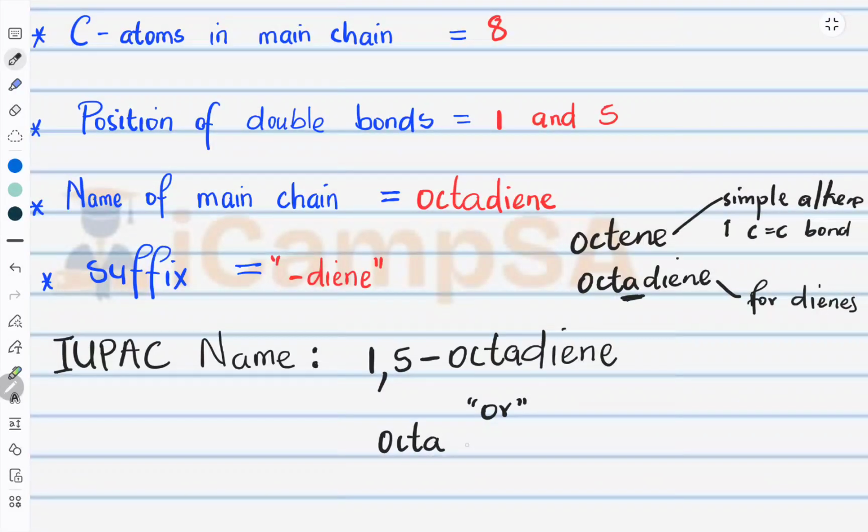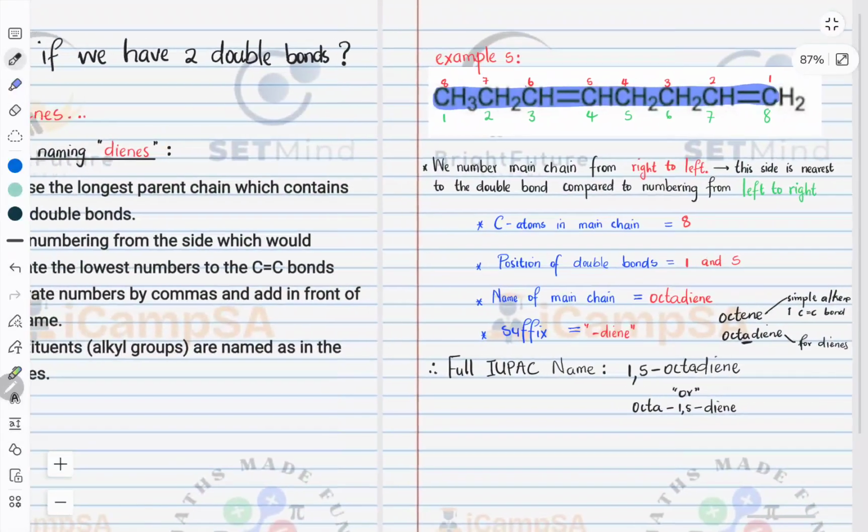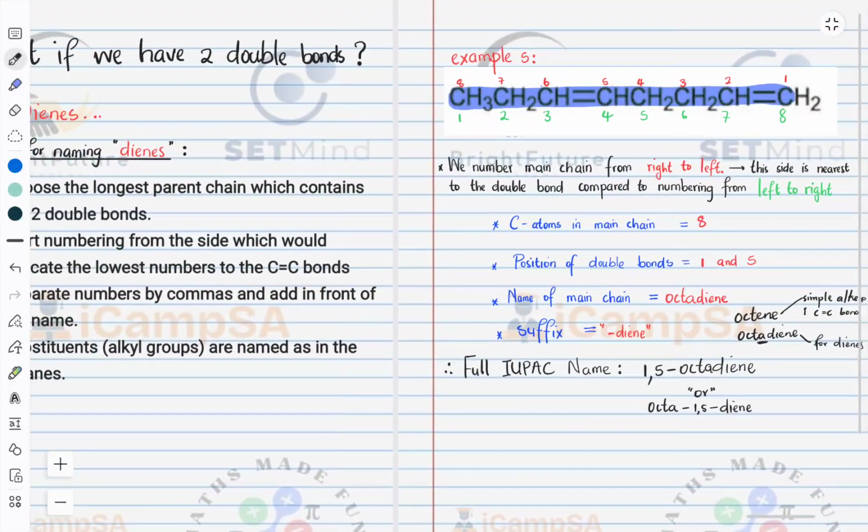All right, so this would be octa, then you add your 1,5, which tells us that my double bonds are found in the first and the fifth carbon atom along my long continuous carbon chain. Then you put your suffix at the end, your diene. Yes, so that's how it works. Okay, so that's how it works for dienes.